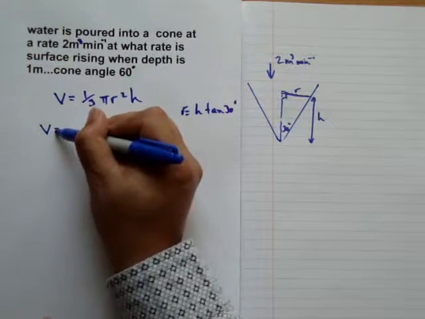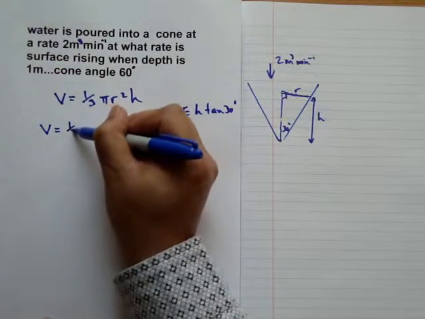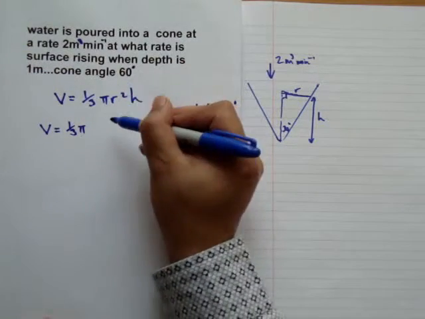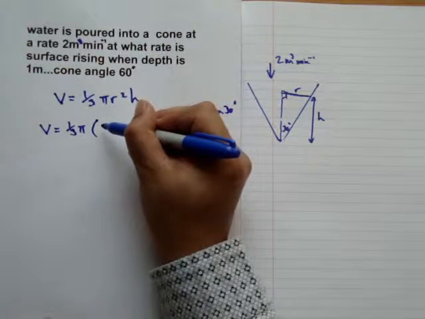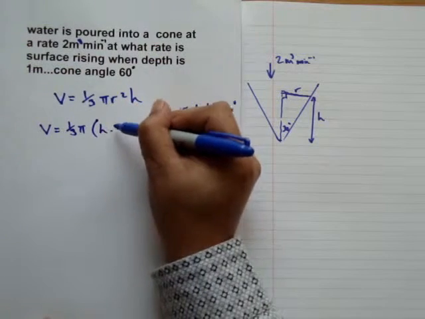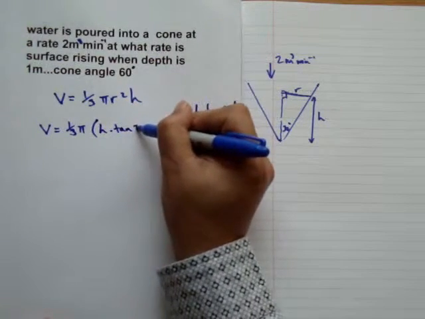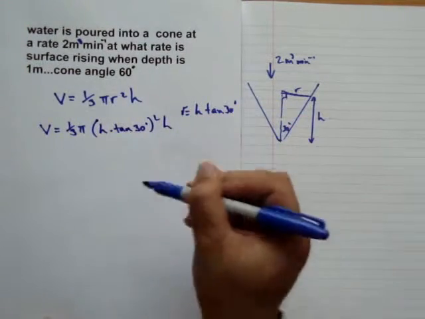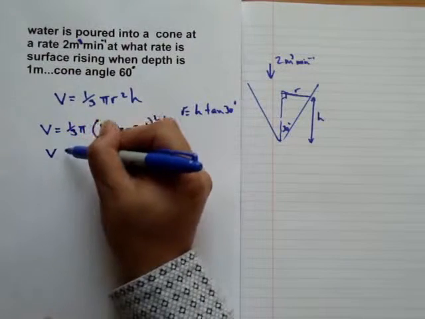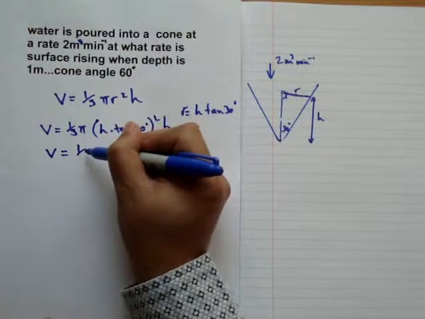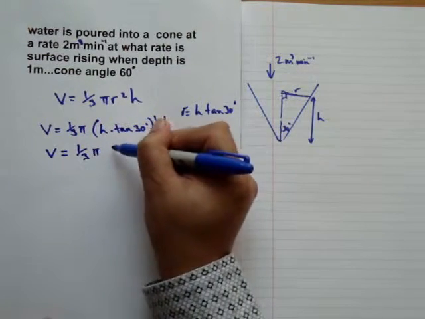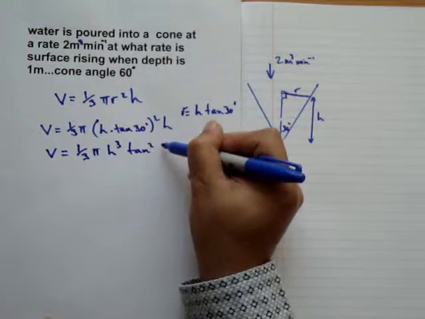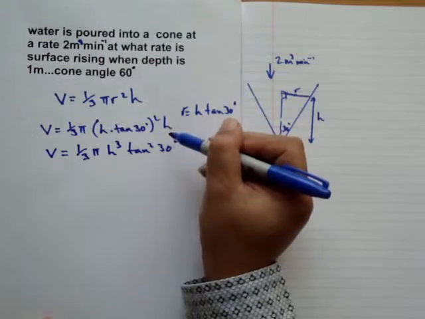So V equals 1/3 pi. 1/3 pi is a constant, and instead of r we put h tan 30 degrees, squared, times h. Rearranging this, getting rid of the bracket, this becomes 1/3 pi h cubed tan squared 30 degrees.